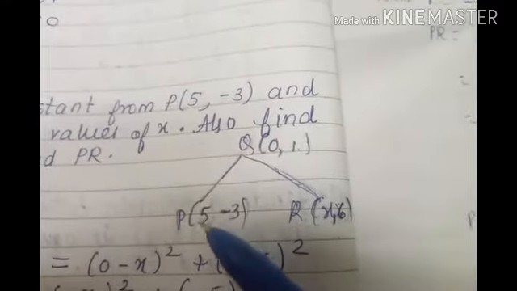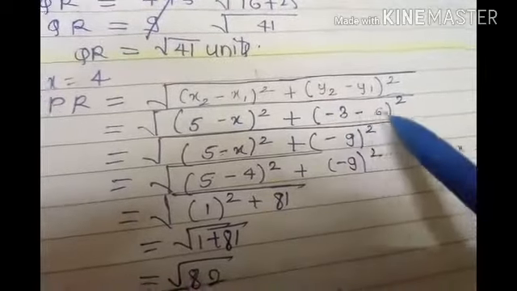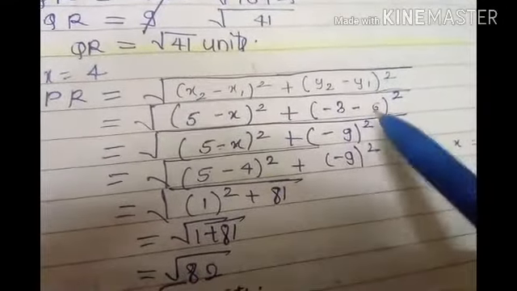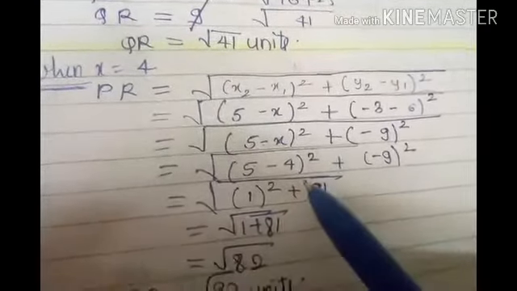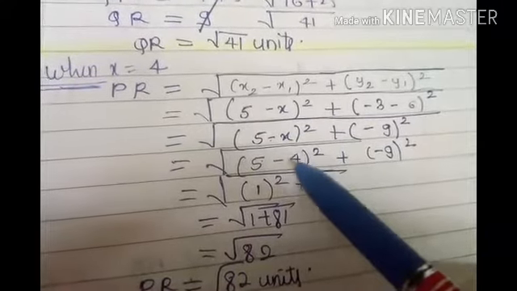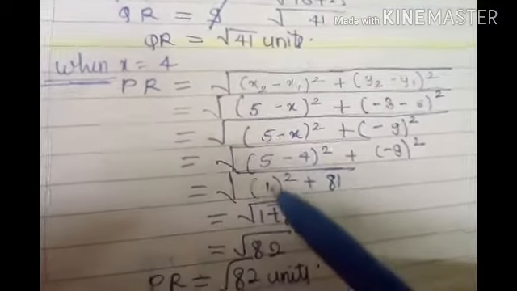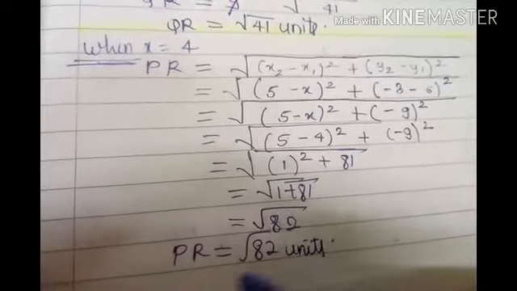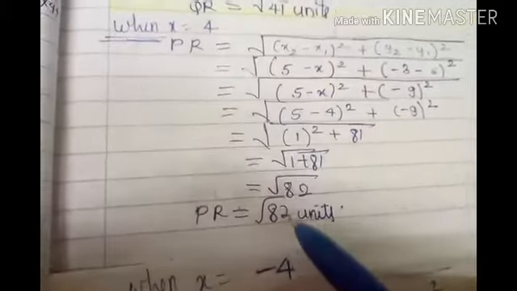So it is 5 minus x the whole square plus minus 3 minus 6 the whole square. Minus 3 minus 6 is minus 9, and we take x as 4. So 5 minus 4 is 1 square plus 81, so it is root of 82 units. So when x is equal to 4, PR is equal to root 82 units.